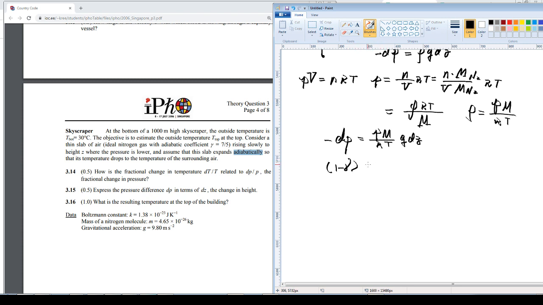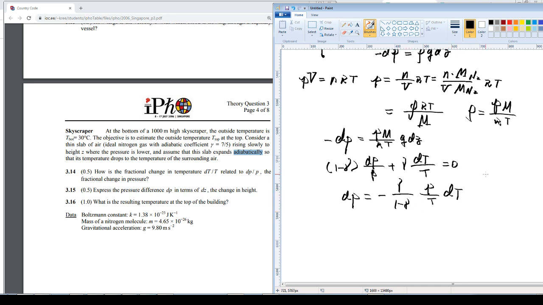So now we copy that equation down here. So we solve for dP. dP is negative gamma over 1 minus gamma, P over T, dT.